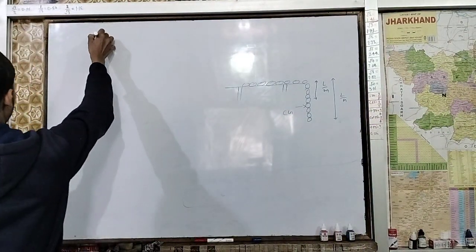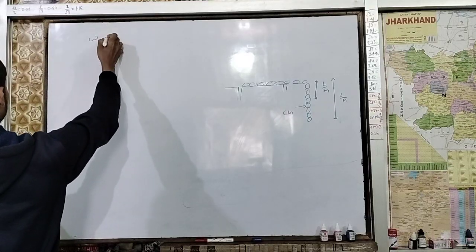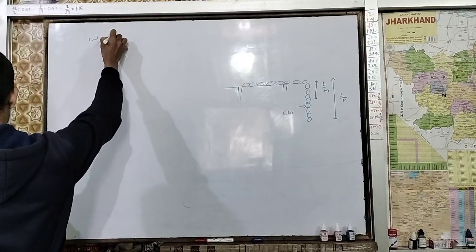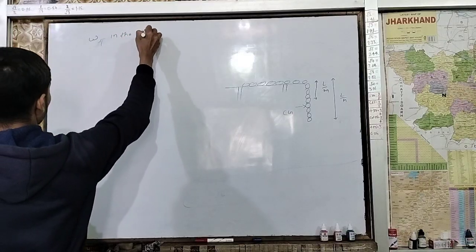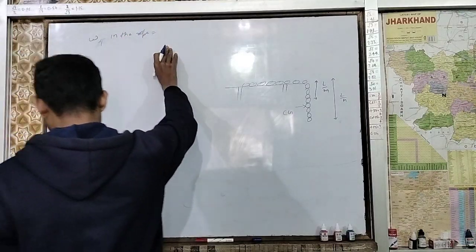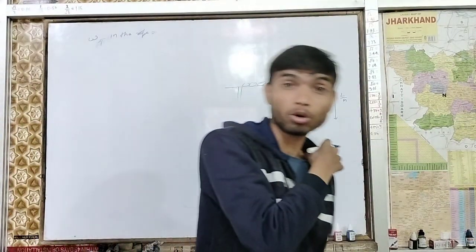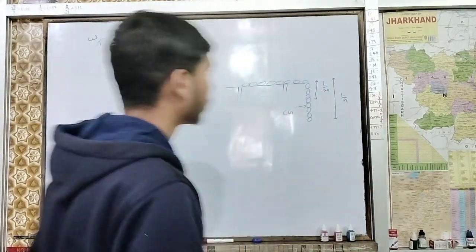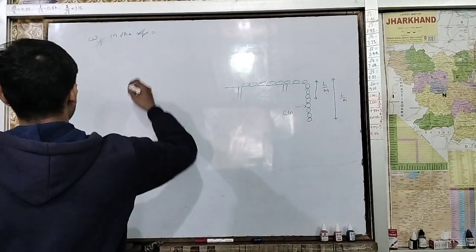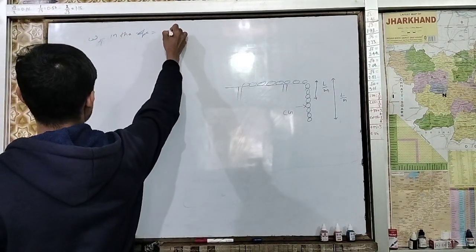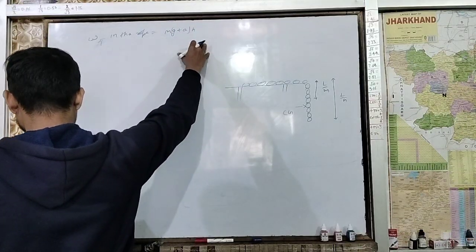So remember, work done by the tension in the rope, where the mass of the rope is negligible, will be equal to m(g plus a) into h.